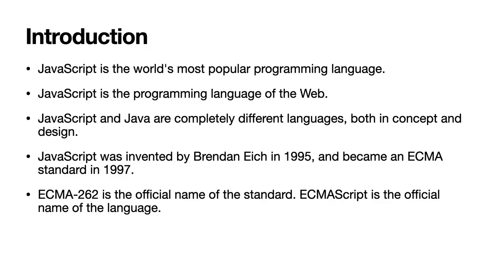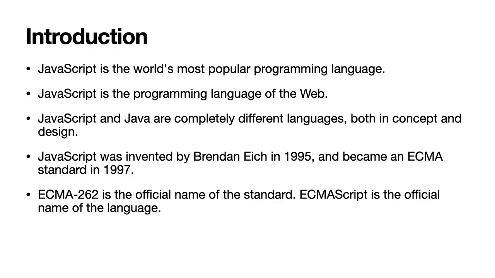JavaScript and Java are completely different languages, both in concept as well as in design. Many think that Java is the same as JavaScript; syntactically it may be similar, but it is a different thing compared to Java. JavaScript was invented by Brendan Eich in 1995 and became an ECMA standard in 1997.